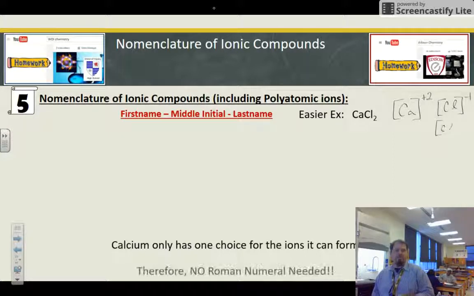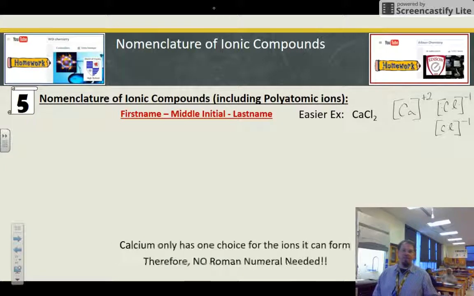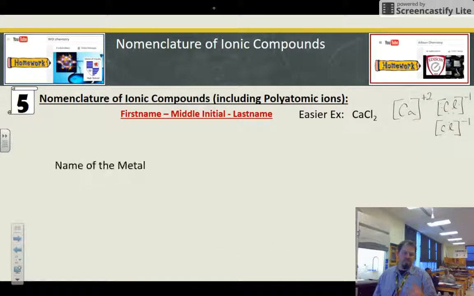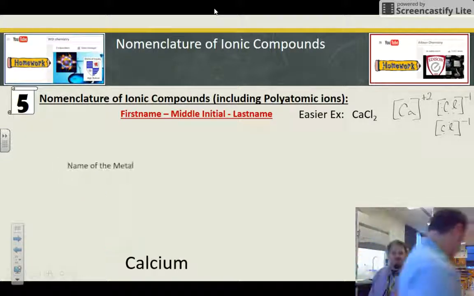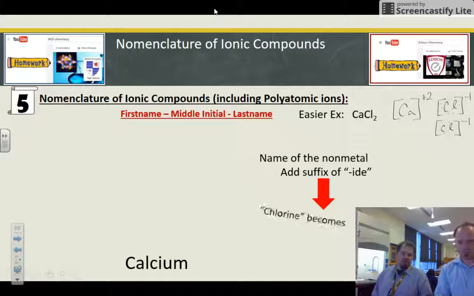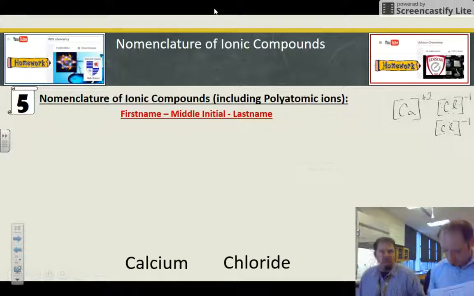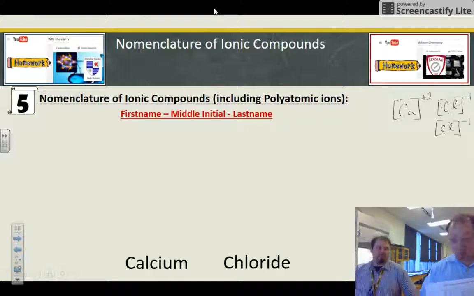So I don't need a Roman numeral. If there's only one choice, there's not multiples. So I'm just going to take my metal, call it calcium, take my last name, my nonmetal, chlorine, and chlorine is going to become chloride, just like last time, except I don't need a middle initial now because there was only the one choice for calcium.